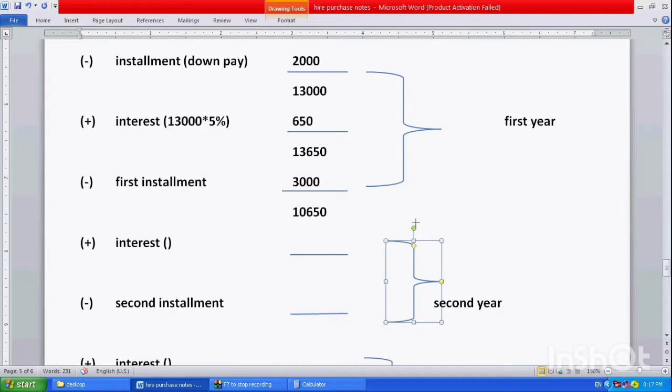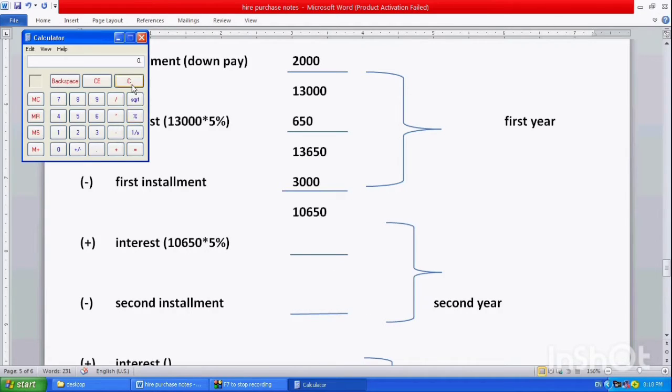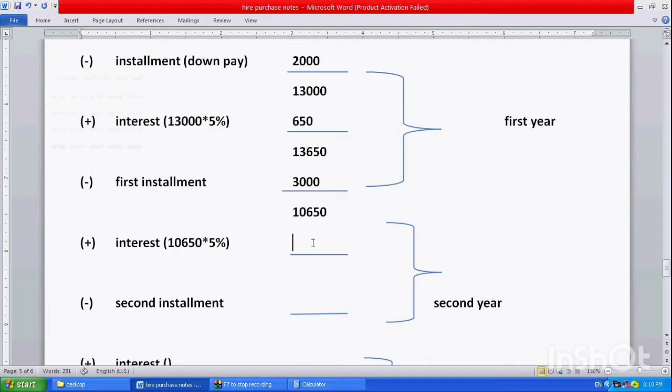Now add the second year installment and interest. Let's calculate 10,650 into 5%. Let's see in the calculator. We have got 533.